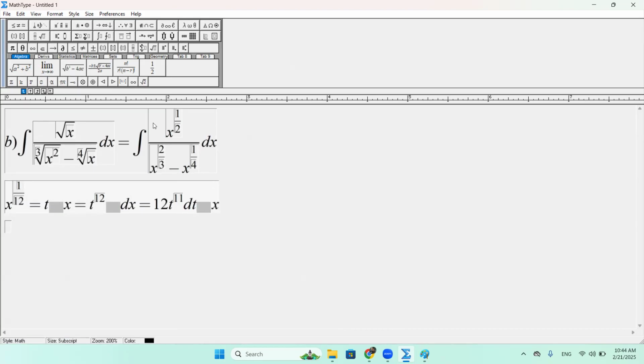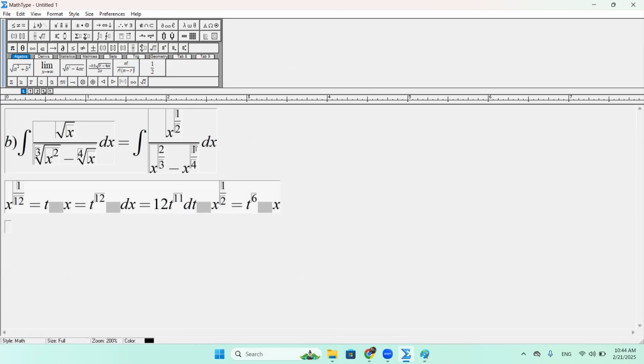x in power of 1 over 2 equals t in power of 6. Okay, moving next.